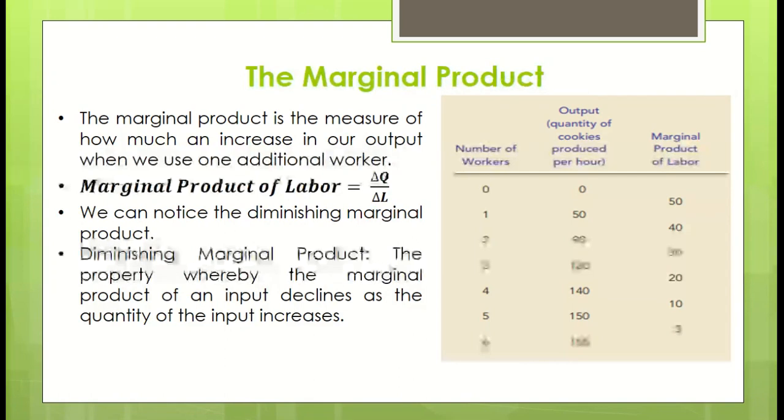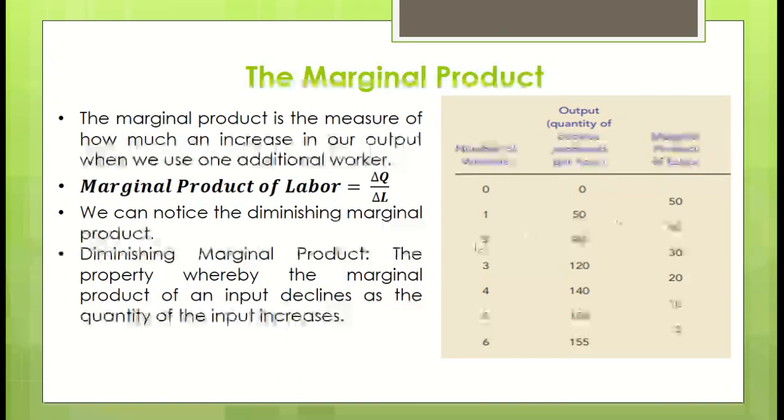How can we calculate marginal product of labor? Look at this schedule having number of workers, output produced, and marginal product of labor. If labor input increases from 0 to 1, the change in output is 50 minus 0, that is 50.